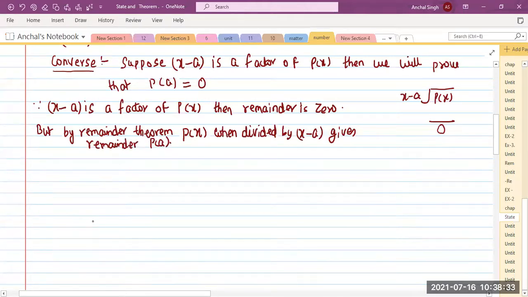Okay beta, but by remainder theorem, p(x) when divided by x minus a gives remainder p(a).